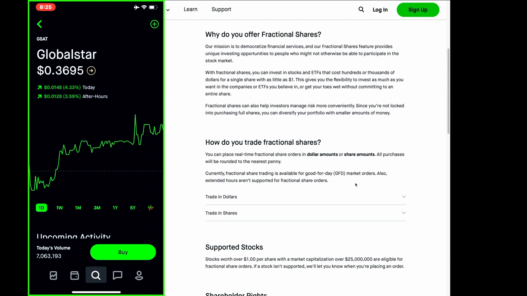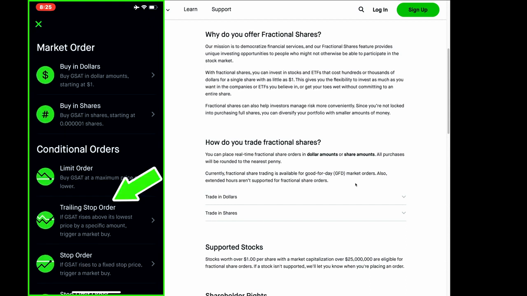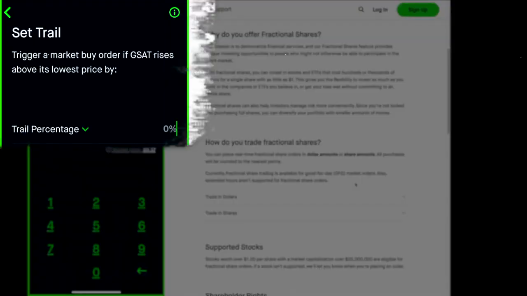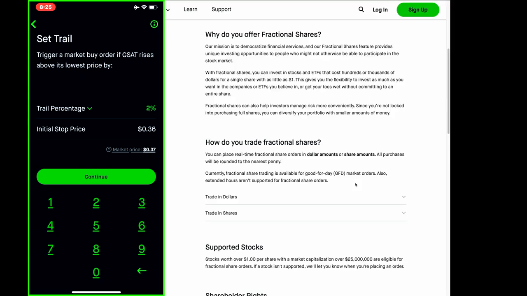Let's go ahead and try a buy, and we're going to use a trailing stop order. As you can see, it says trigger a market buy order if GSAT rises above its lowest price by, and I'm going to give it a percentage amount, let's say 2%. So the initial stop price is going to be 36 cents and the market price is 37 cents. So let's go ahead and continue.